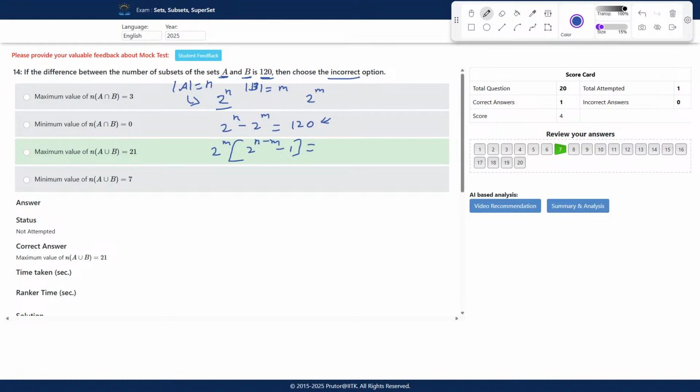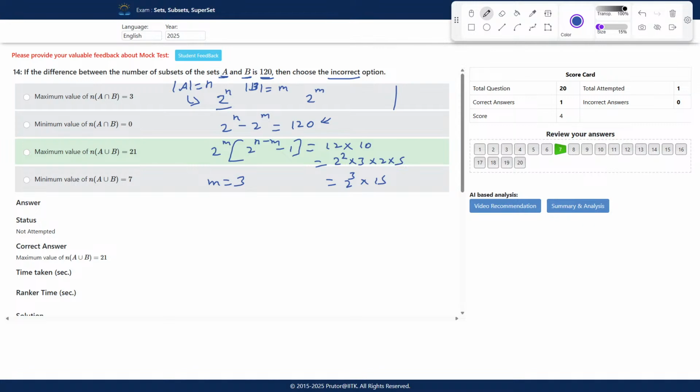So focusing on this, you can factorize it, very simple. 120 is 12 times 10, which gives 2 squared times 3 times 2 times 5, which is 2 raised to power 3 times 15. Now you can compare, and you are getting the m value as 3.